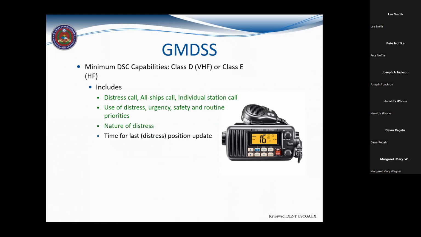Before hitting the red button, if you program the radio for the nature of distress, you can tell people whether you are on fire, sinking, capsized, or whatever. And then it will transmit on channel 16 and you can continue by voice.